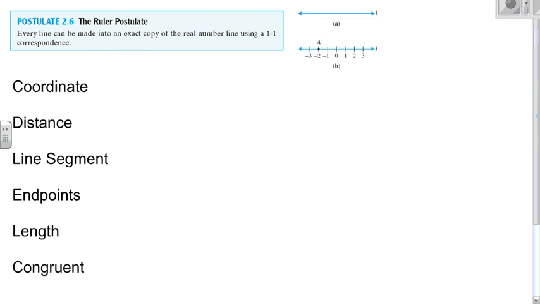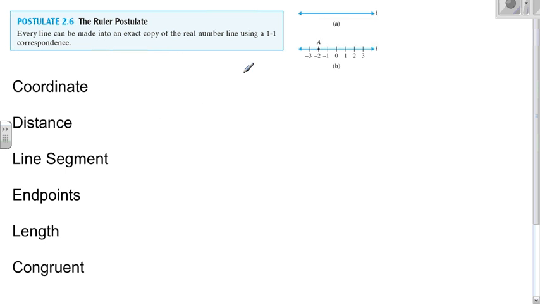So now getting into a little bit more math from definitions. The ruler postulate states that every line can be made onto a copy of the number line. And then once you do that, you can talk about coordinates.